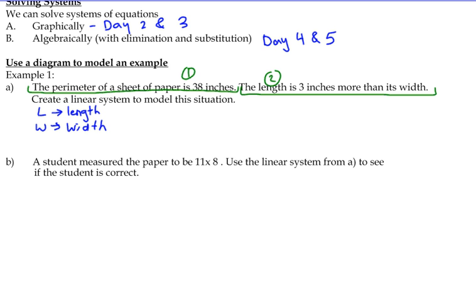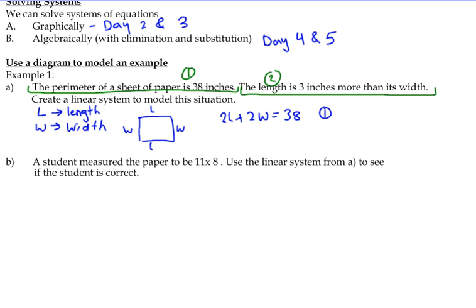How can L and W be related to 38 inches, to the perimeter? 2L plus 2W. Remember the formula, it's on your formula sheet. 2L plus 2W equals your perimeter of 38. So that's the first equation. You should probably know that equation by heart by now. It's one of those basic ones.